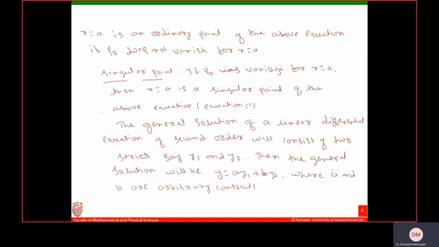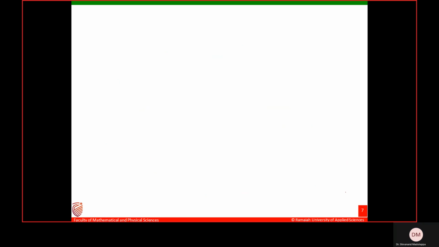Two infinite series, that is y1 and y2, are said to be linearly dependent if one is a multiple of the other.